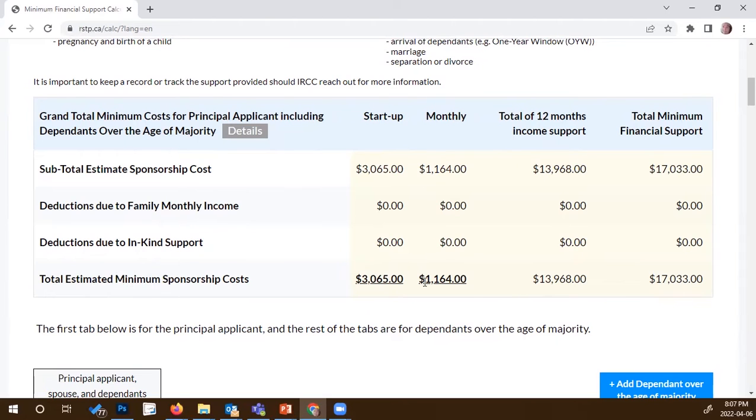And the monthly amount is $1,164. When I multiply that monthly amount by 12, it comes out to $13,968. And I have to add that amount with my startup costs. And once I do that, this is my total minimum financial support amount for the year for this single individual.